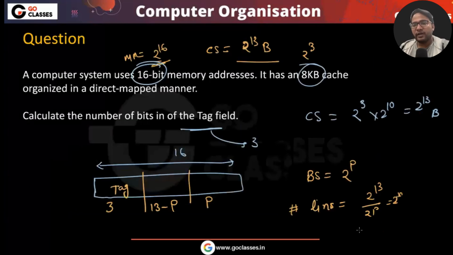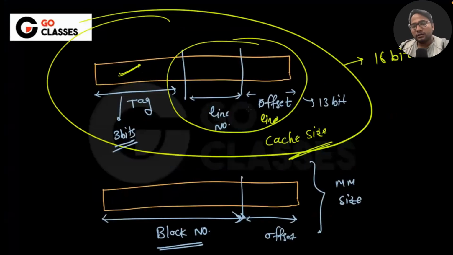So here, let's suppose the tag bits are 5 bits. What does this mean? If this is the cache, it means each line can contain how many blocks?